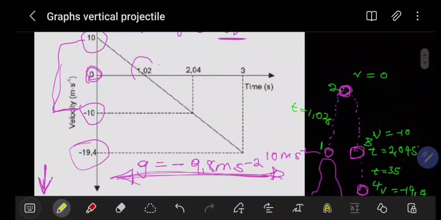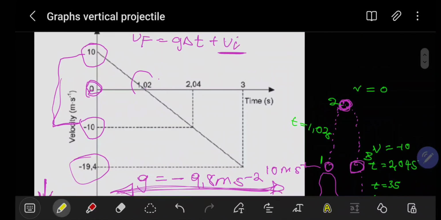Or you can opt to use the graph as well. We know that to find the displacement, we can get it from the graph by calculating the area.